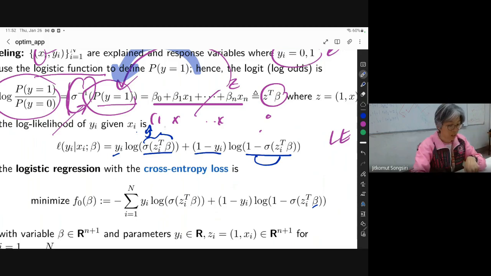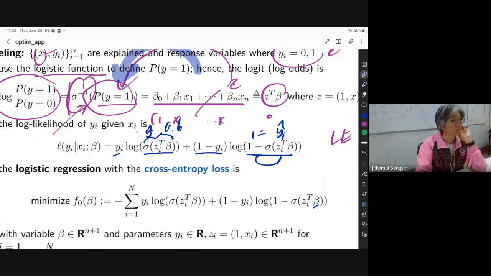Like, if this is 0.6, you say y hat is classified as class 1. So this is 1 minus y, and this is just 1 minus y hat. Does it look anything familiar?